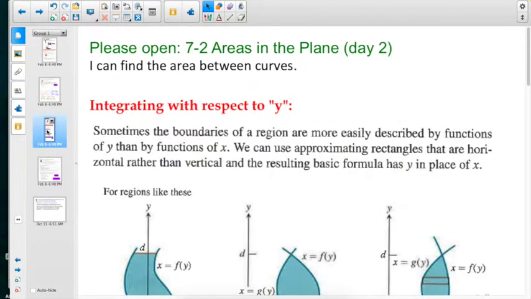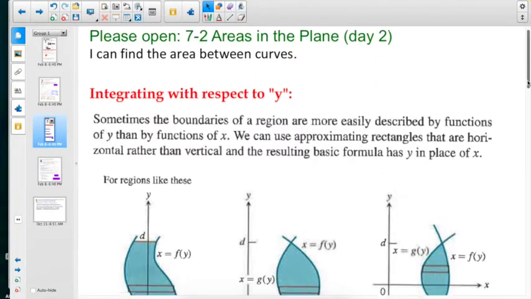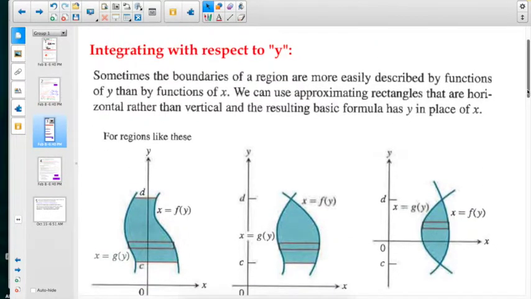So we're just going to go ahead and go on to this. Okay, so this is the other big piece that sometimes occurs, okay? Integrating with respect to y. If we look at these things, we don't really have an upper and a lower curve. We have something that looks more like a what and a what.